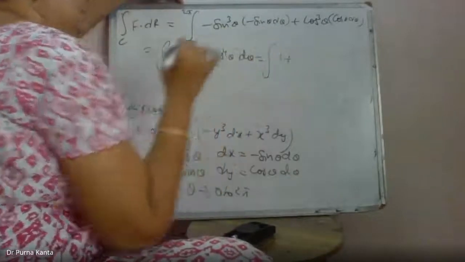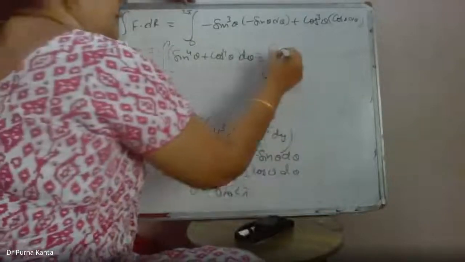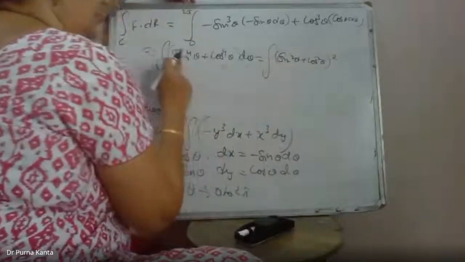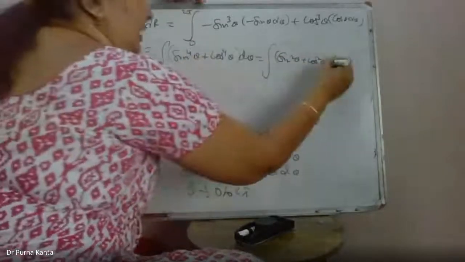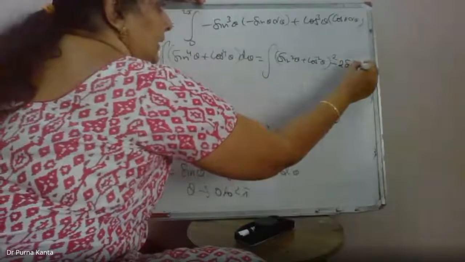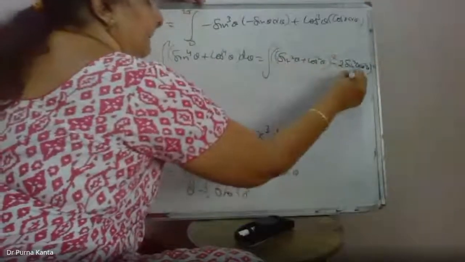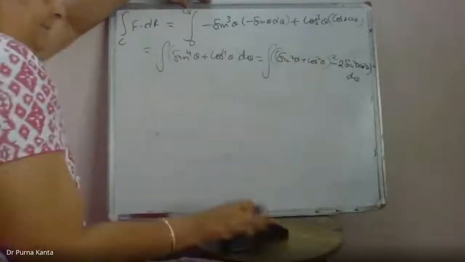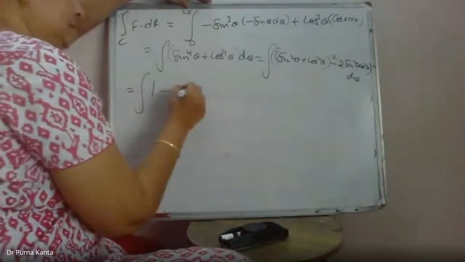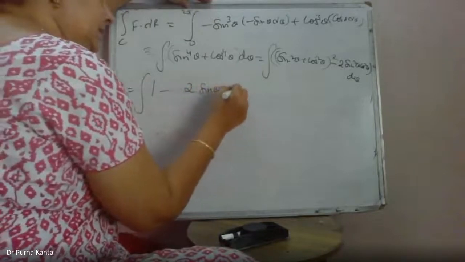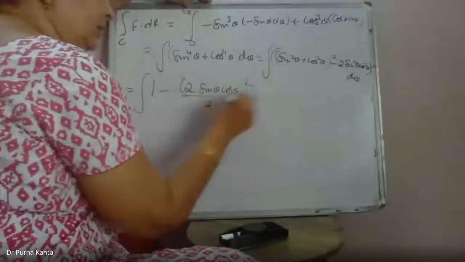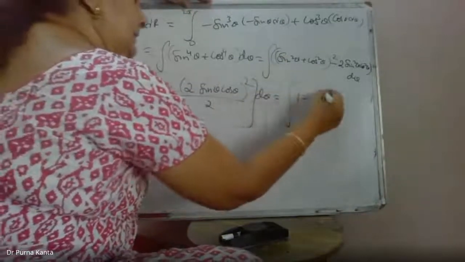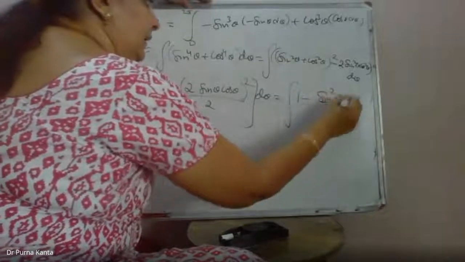That is the integral of 1 plus 1 cuts, so sin square theta plus cos square theta whole square, using a square plus b square equals a plus b whole square minus 2ab, minus 2 sin square theta cos square theta d theta. That is 1 minus 2 sin theta cos theta whole square by 2, d theta. That is 1 minus sin square 2 theta by 2 d theta.